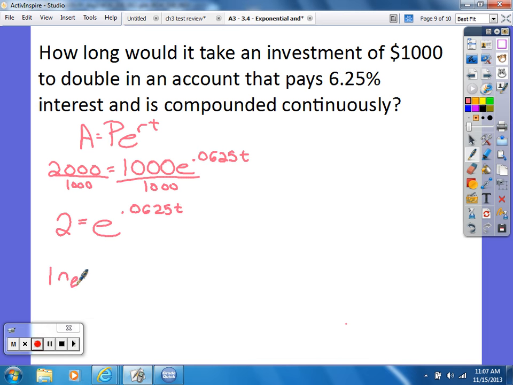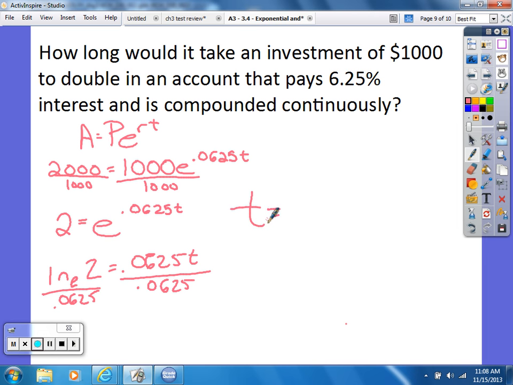Natural log of 2 equals 0.0625t. Divide by 0.0625. Now, when you're doing this in the calculator, don't round natural log of 2 and then divide it by 0.0625. Leave it in your calculator, the big, long, ugly decimal in the calculator, and figure out what t is that way. What is t?